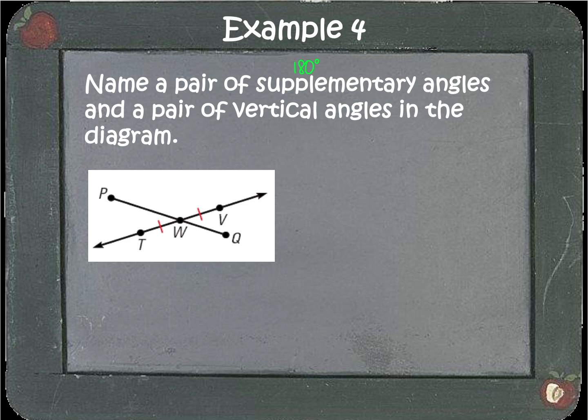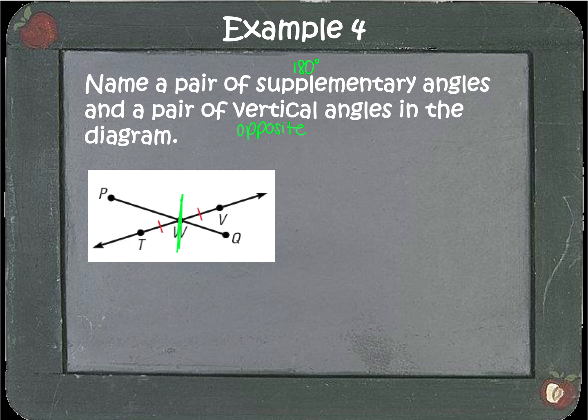But that's still not really telling me what vertical angles are. They form a pair of opposite rays. Okay. So it has to do with something opposite. So vertical angles, if you think about it, they're like opposite angles. So those two are going to be vertical angles.